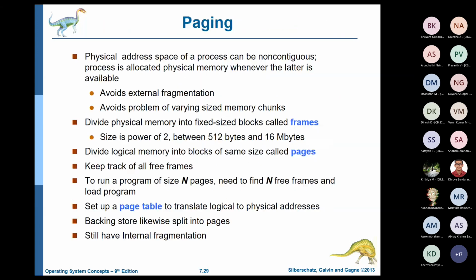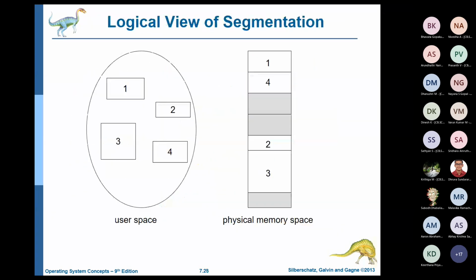But when we are converting, this physical memory space, which is segmented, each block we can call a frame. So a program has many segments, and each segment goes to a frame.